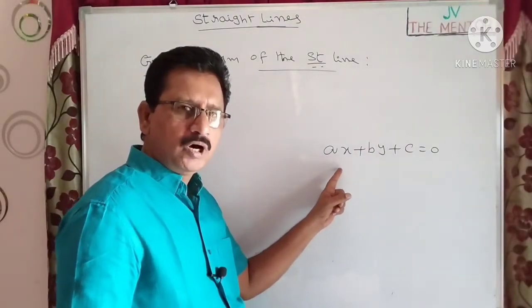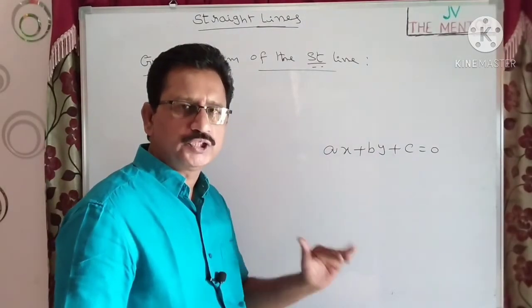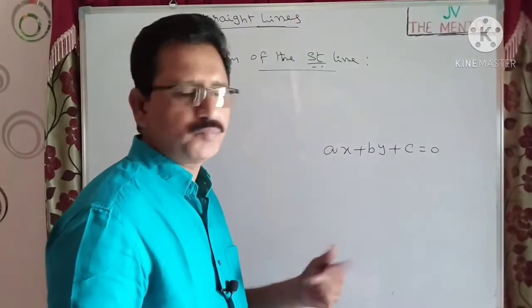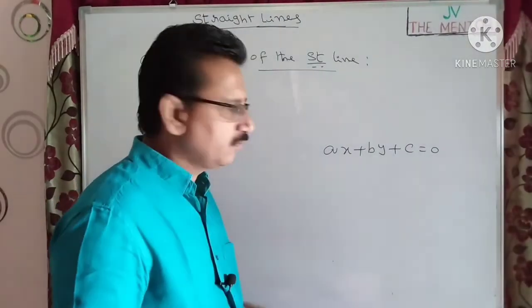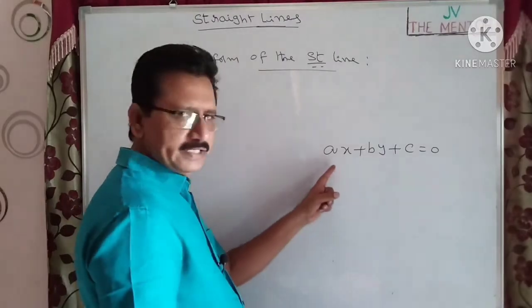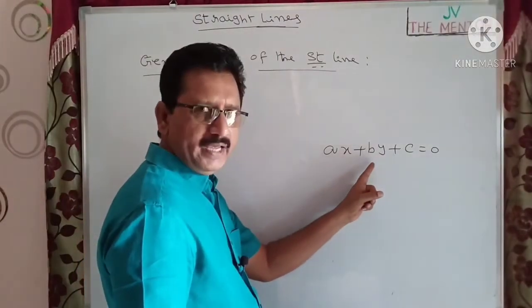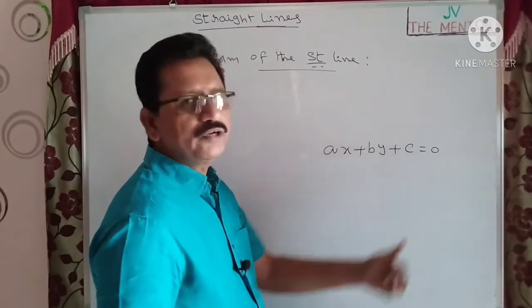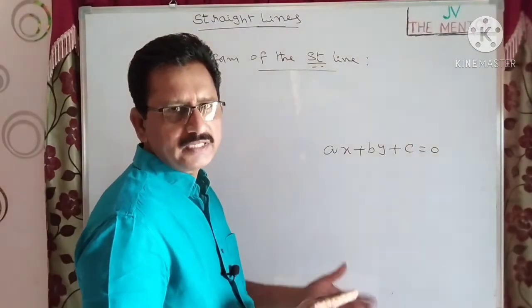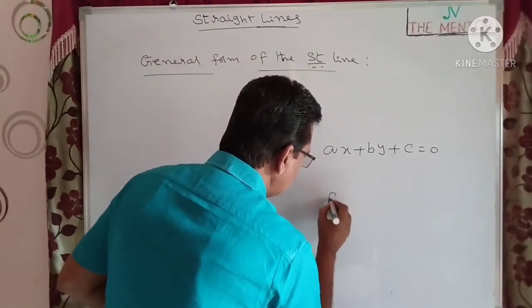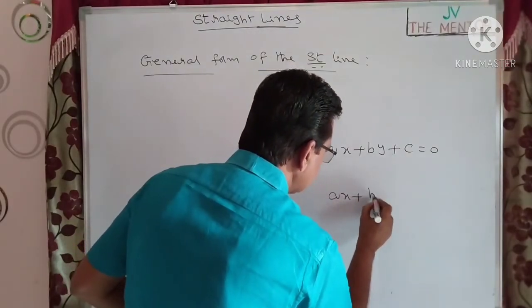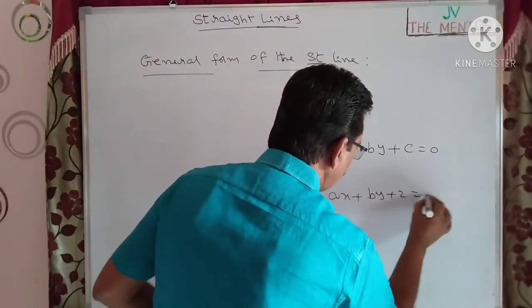Suppose both A and B are 0, and take Ax plus By plus 2 equal to 0.